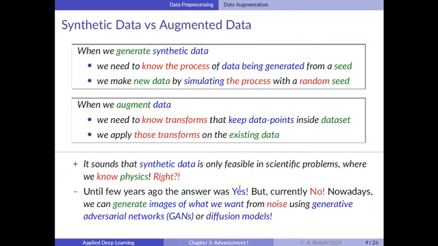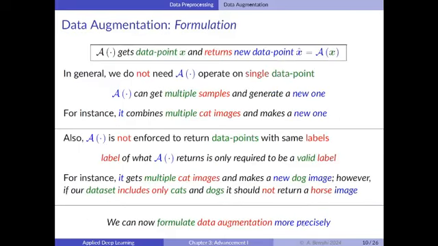Another important thing is that you do not necessarily need to know the exact function to generate data. When we want to use generative models like GANs or diffusion models, we can generate data from a simple, flat noise, and we'll discuss this later in the final slides.